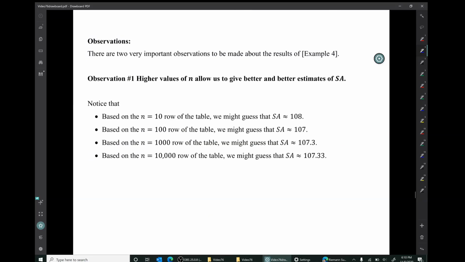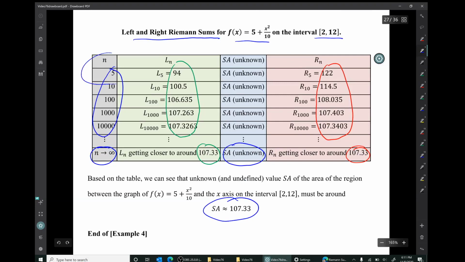Now let's make some observations about this example. First observation is that, of course, higher values of n allow us to give better and better estimates. So for instance, based on, this should say n equals 5, the first row of the table, that's the row of data that we got from example 3. That row of numbers was computed by hand in example 3.